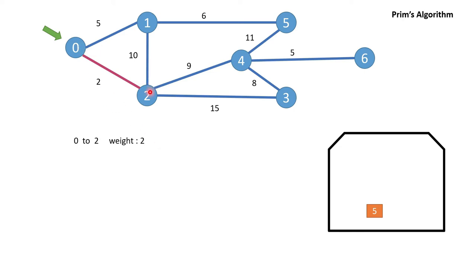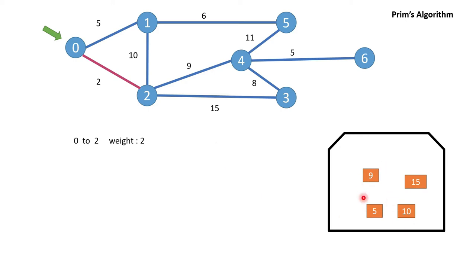Next, when I reach 2, 3 more edges come into my range. I can go with weights 10, 9 or 15 also. So again I can keep these 3 possible edges inside the box, 10, 9, 15, along with the 5 which was already present.